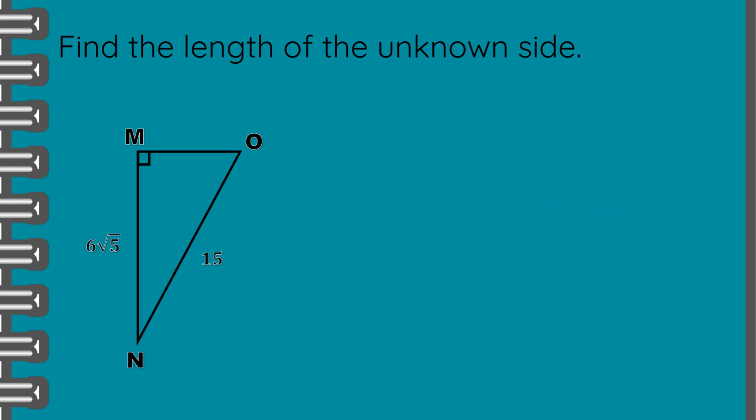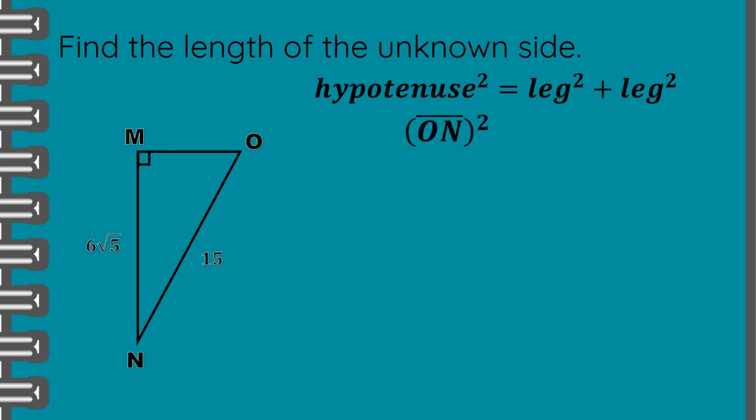We now solve for the length of segment MO in right triangle NMO, given the length of the hypotenuse, which is 15 units, and the length of one of its legs, which is 6 square root of 5. The hypotenuse in the figure is segment NO or segment ON, and the two legs are segment MO and segment MN.